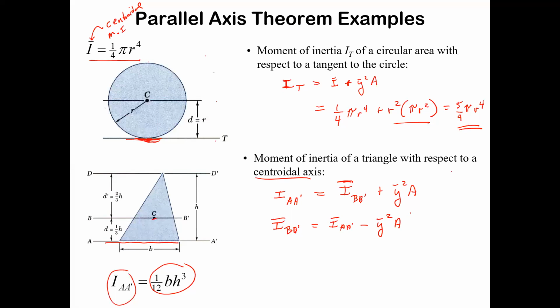The centroidal moment of inertia is always going to be smaller than the moment of inertia about any other, non-centroidal axis. The other one is going to be bigger because the centroidal one keeps the material as close as possible to the center line, the axis that you're doing it about. The centroid sort of passes through the midpoint of the body.